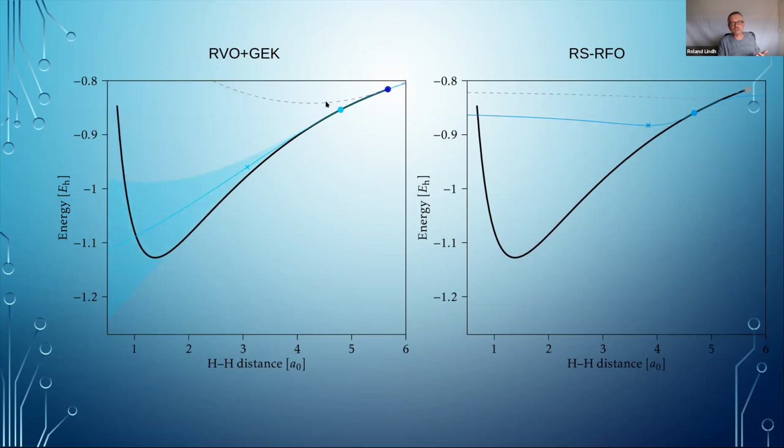And as we proceed to map out, the conventional method wants the next point to be here, whereas with the restricted variance optimization, we take a much further step. Also note that for the conventional method, the surrogate model has now lost track of these two data points, whereas with the restricted variance optimization, we still correctly represent these data points.